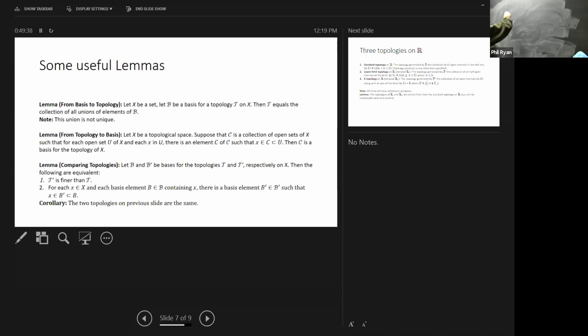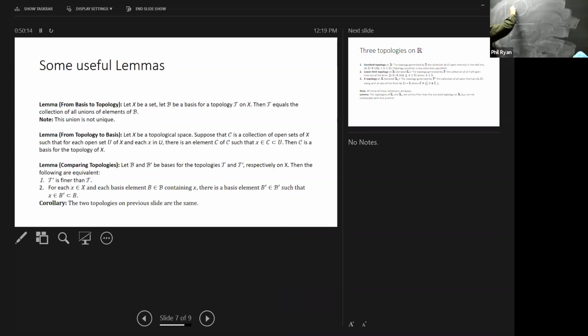Okay, so for example, here is an arbitrary basis element of the circular kind. Okay, and so all we've got to do is show that there is a rectangular region containing X within this.